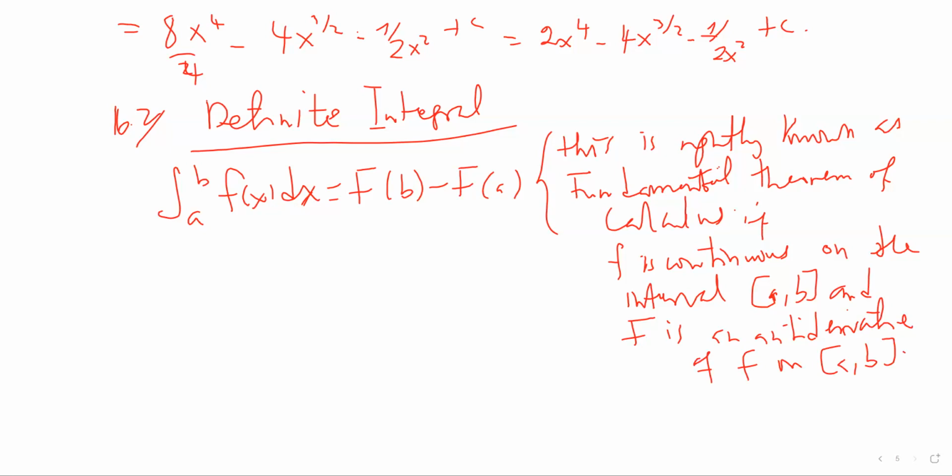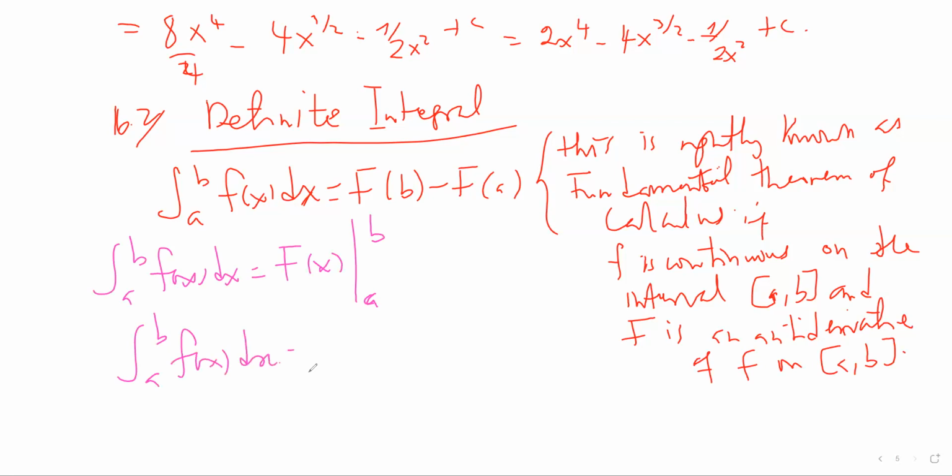So sometimes people write it in different ways. This integral from a to b of f(x), sometimes people write it as F(x) from a to b. Sometimes as well in some books, some authors also write F(x) equals a to b. In that case, a and b have a name.